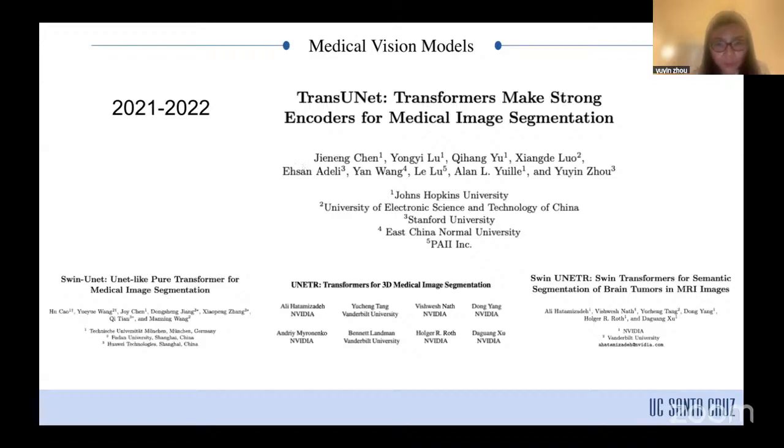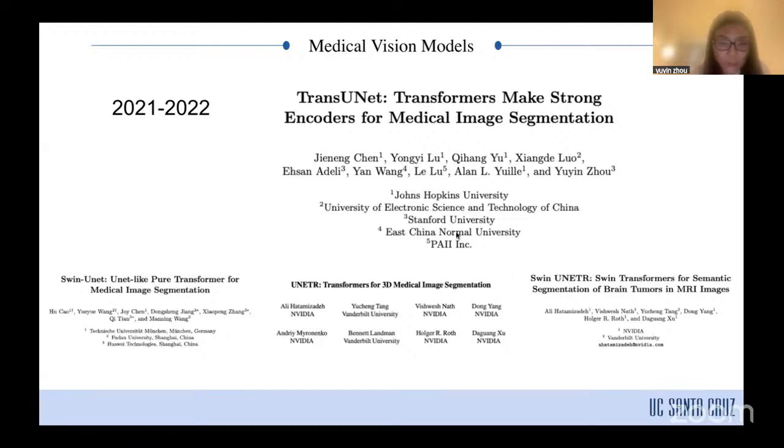After vision transformers were proposed in 2021, actually late 2020, we immediately noticed a huge potential stemming from them. So in our group, we proposed the TransUNet architecture, which uses transformers in the UNet backbone. And we found that it can make very strong encoders for medical image segmentation.